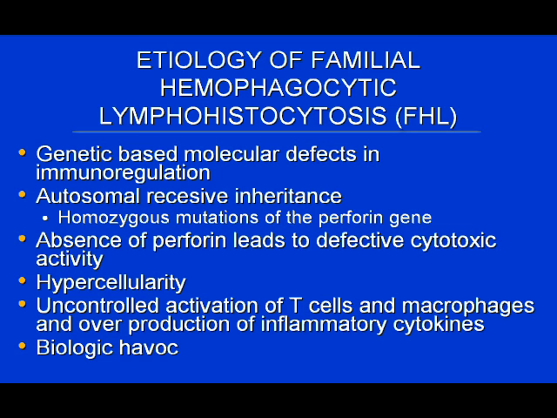We've known for some time it's an autosomal recessive inheritance, and the homozygous mutation was discovered to involve the perforin gene through a very, very interesting story, which if I had time today I would tell you, because it happened right at the University of Texas Southwestern Department of Pathology, where I was a number of years back, when this was first identified by Dr. Vinay Kumar and a graduate student of his in his research lab there.